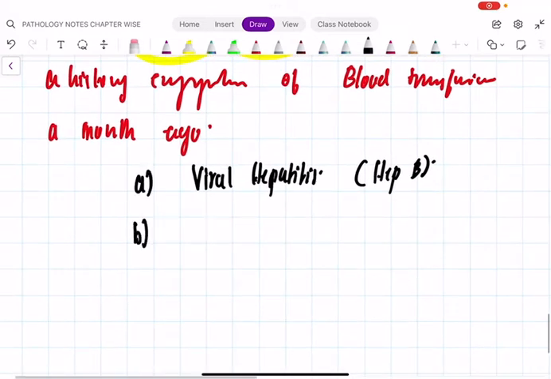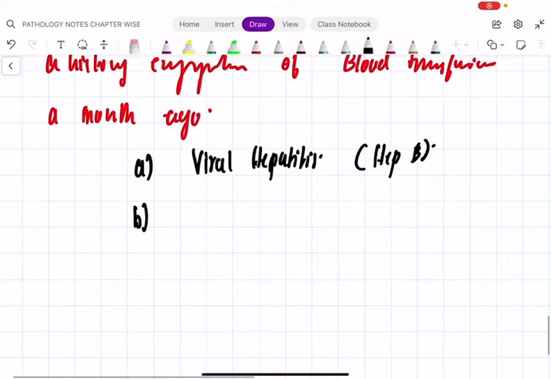Second question, what is the pattern of injury? Viral hepatitis, Hep B. What is the pattern of injury?